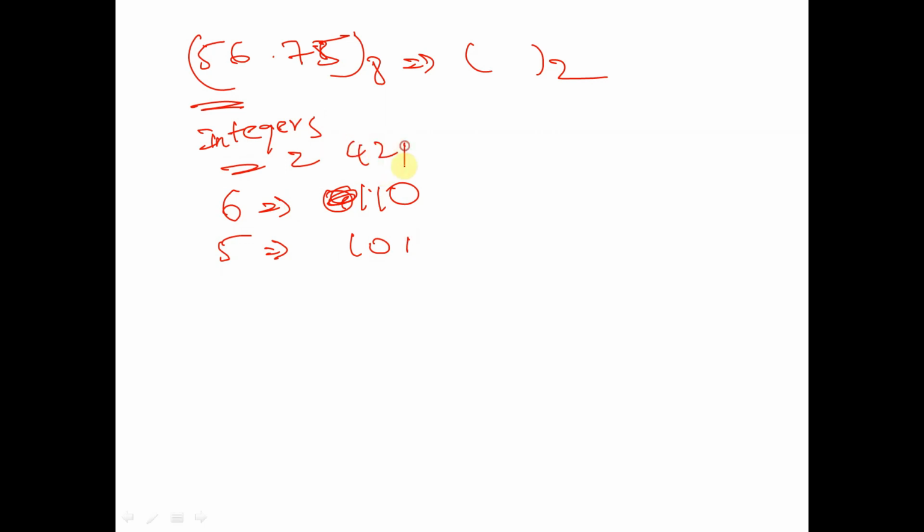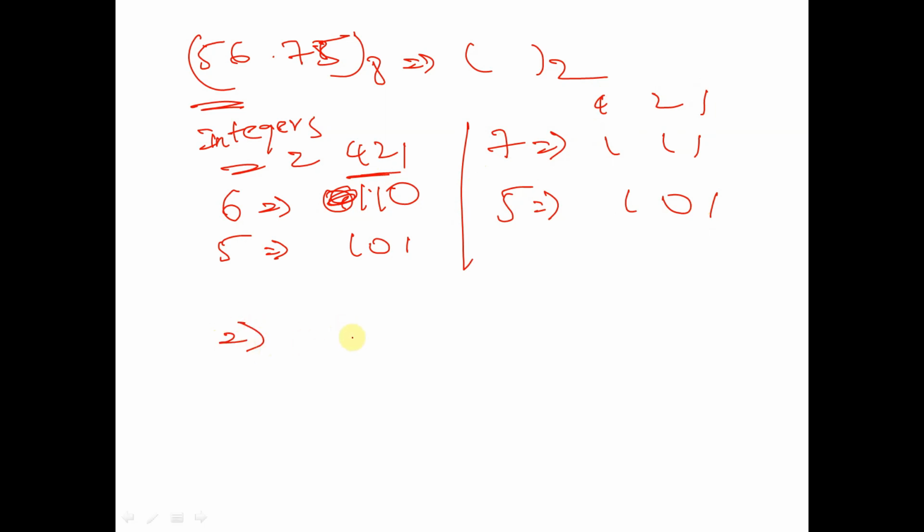Take the help of 4 2 1 if you are not comfortable writing directly. For the fractional part, we have 7, which is equal to 111, and 5, which is equal to 101. So finally the equivalent of 56.75 to the base 8 is equal to 101110.111101 to the base 2.